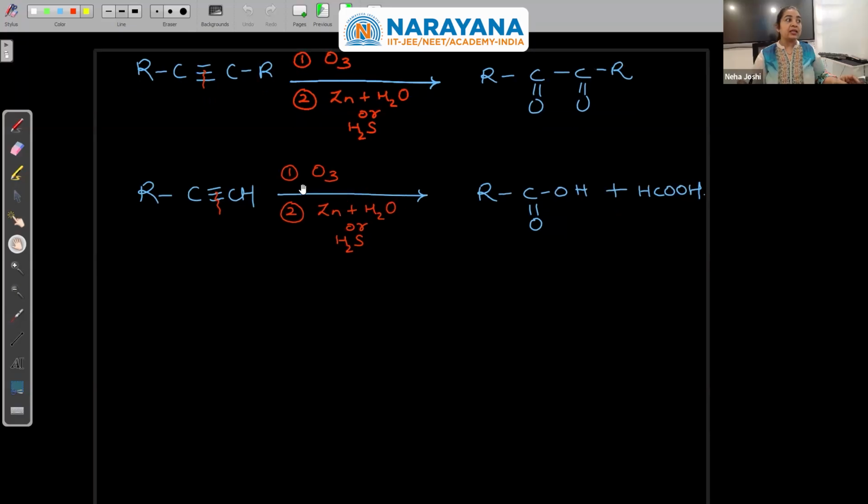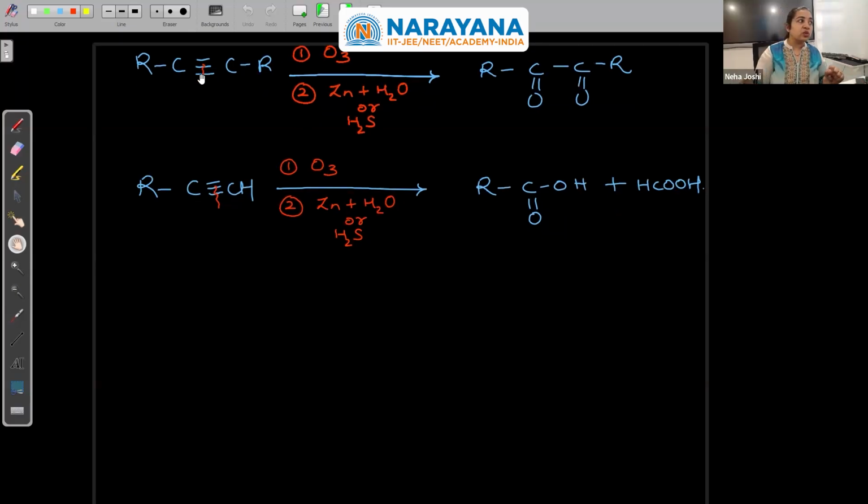But in our internal exam we can expect it, so just remove these two bonds and form double bonds. If it is terminal, form formic acid and carboxylic acid. You have to break this totally. But do not convert formic acid to anything further. Stop your answer at formic acid.